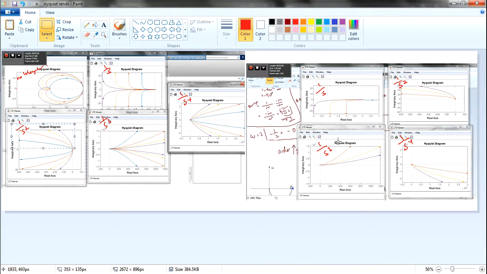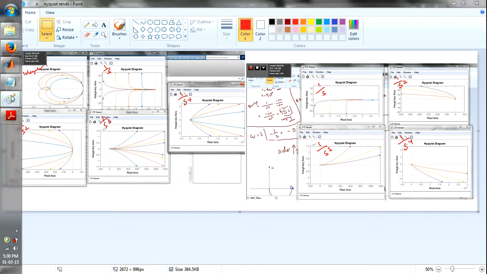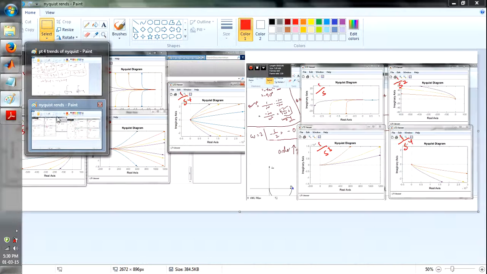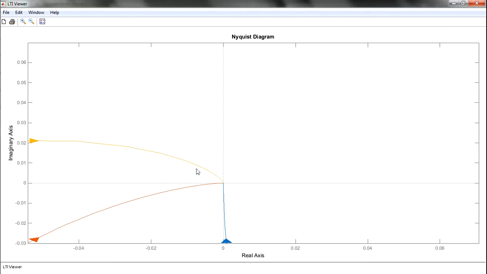If it's s cubed, this is when I multiply zeros into it. The only difference I want to point out is this line.